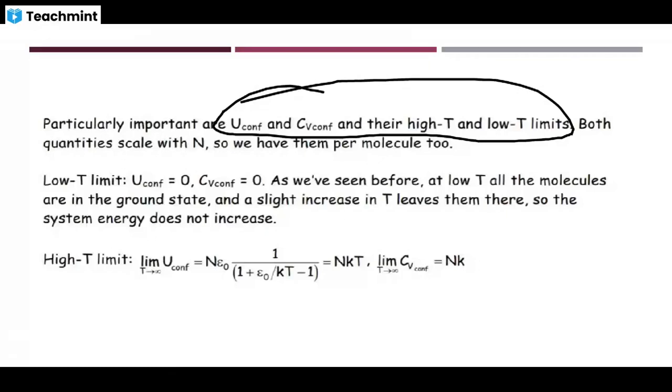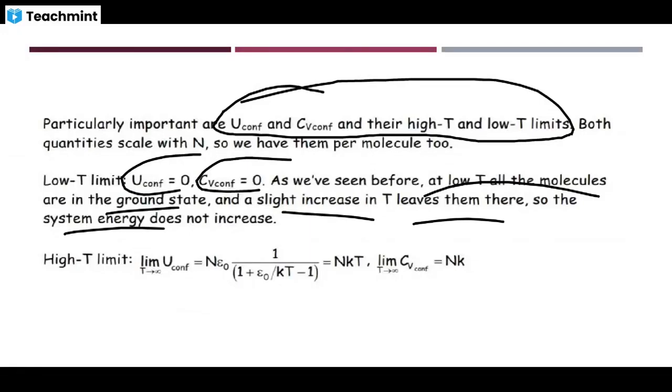At the low temperature limit, U configuration is 0 and Cv is also 0. As we have seen, at low temperature all the molecules are in the ground state, and slightly increasing the temperature leaves them there, so the system energy does not increase.